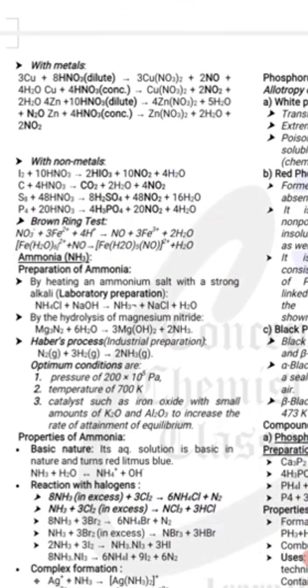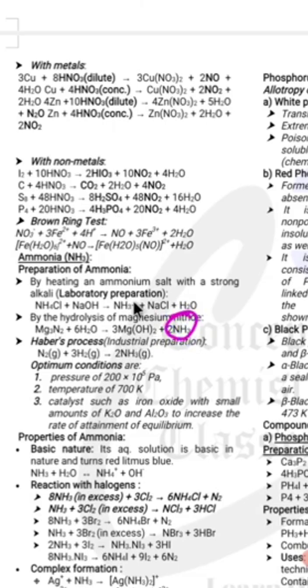Okay, next is ammonia. In the laboratory, ammonia can be prepared by reacting ammonium chloride with sodium hydroxide. Ammonia is formed, and this can be prepared by reacting magnesium nitride with water.